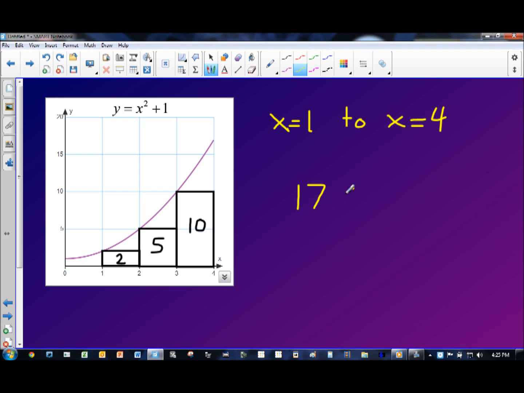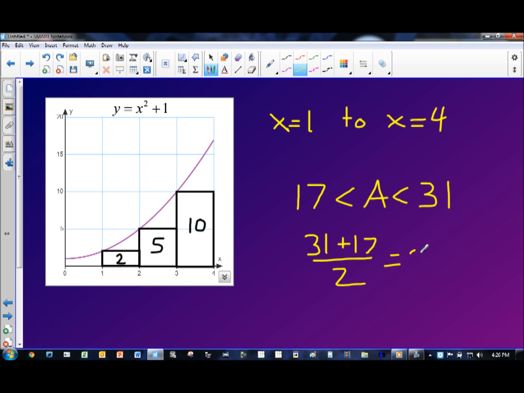Okay, so I know that the area is somewhere between 17, which was my lower bound, and 31, which is my upper bound. And if I wanted an even closer estimate, I could take the average of those: add them together and divide by 2.